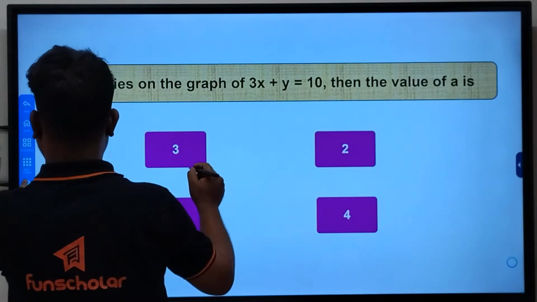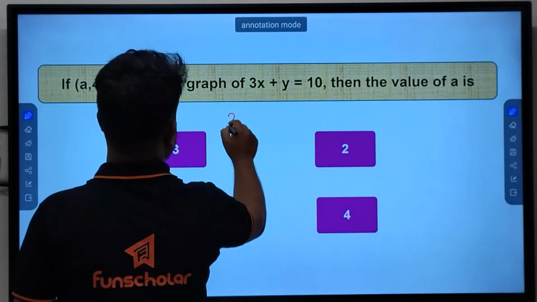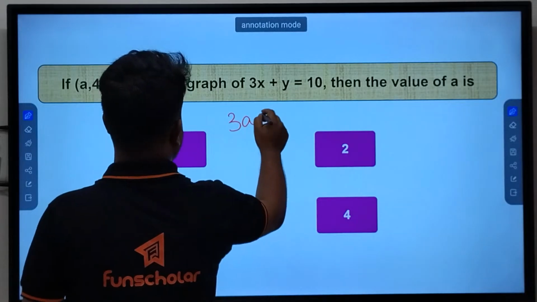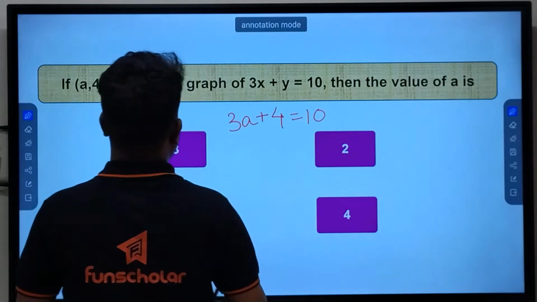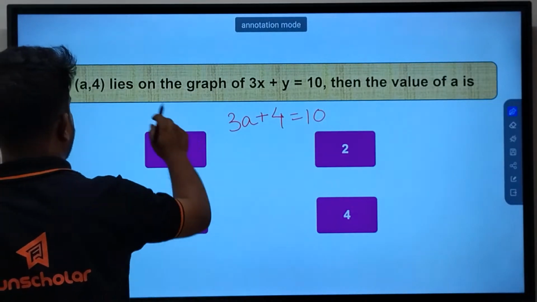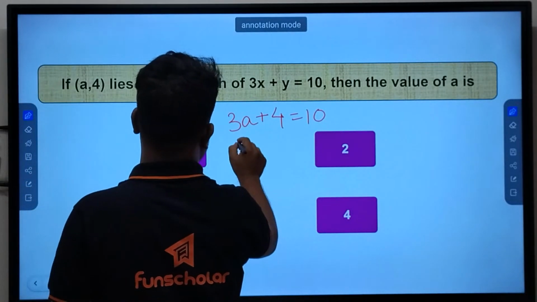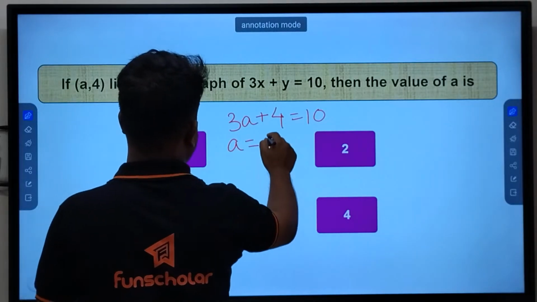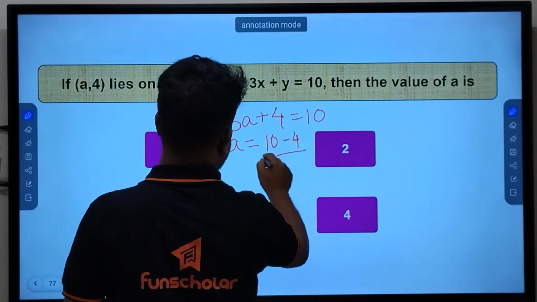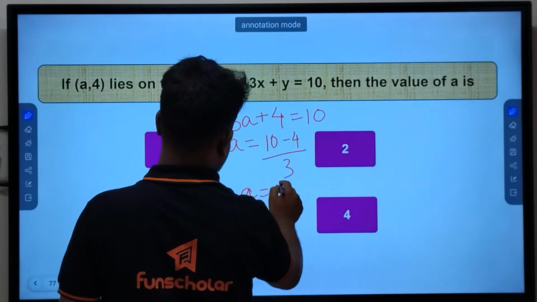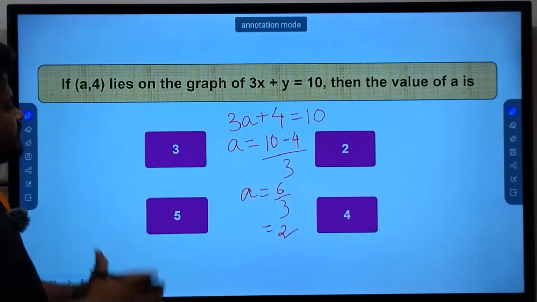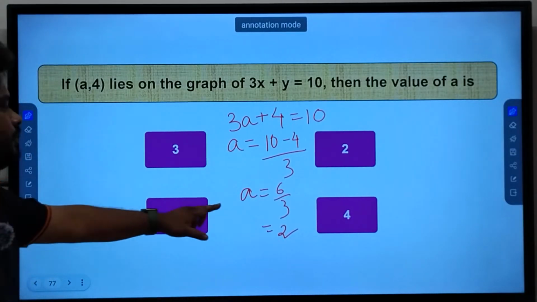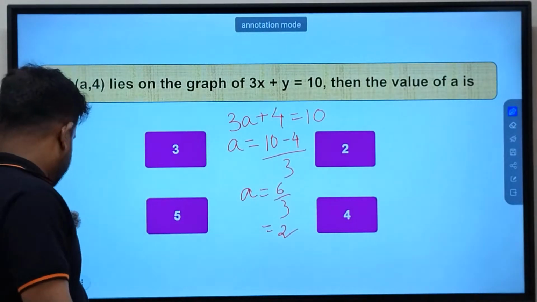If I put just 3a plus 4 equals 10, like x's value is a and y's value is 4. So a's value I will get from this will be 2, and they have asked us A's value, so it will be 2, right?